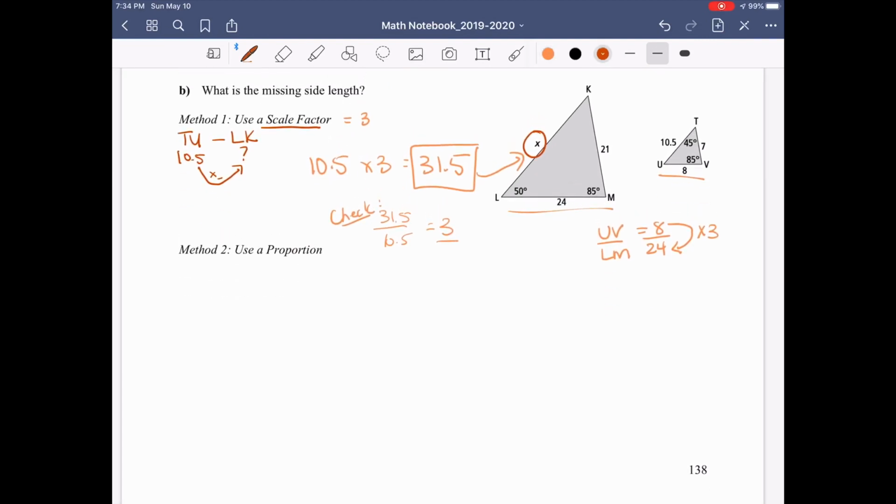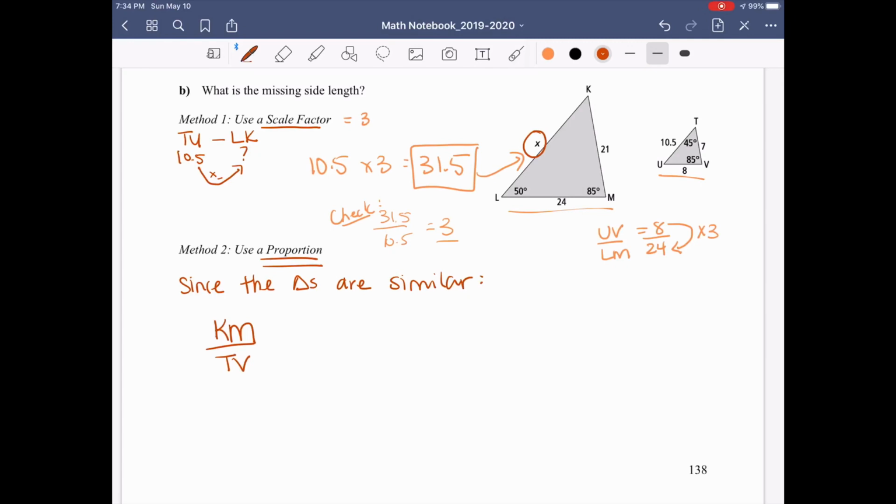So we know that the triangles are similar, which means that all the corresponding sides have to be proportional to each other. So since the triangles are similar, we can set up a proportion. We know that, let's say, side KM is proportional to side TV, right?